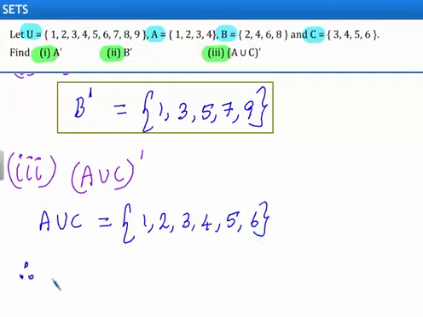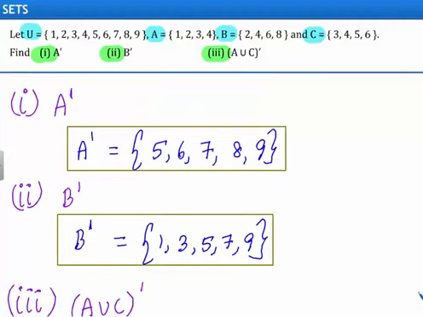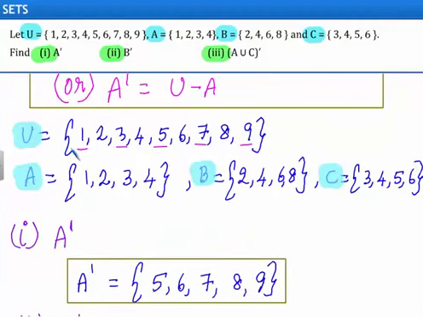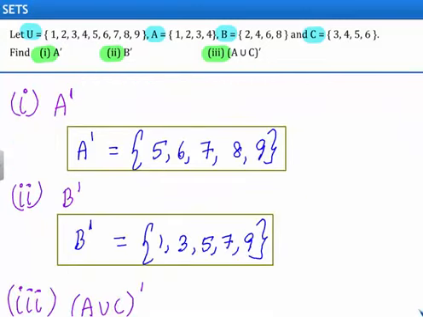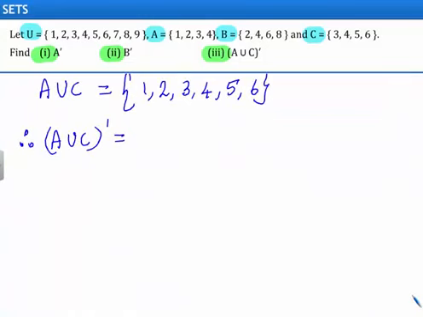Therefore, the complement of the set A union C will be equal to set of all elements which belong to the set U, that is the universal set, but do not belong to the set A union C. They are 7, 8 and 9. So the complement of the set A union C will be equal to 7, 8, 9.